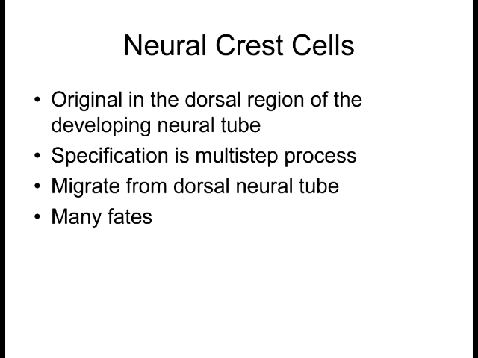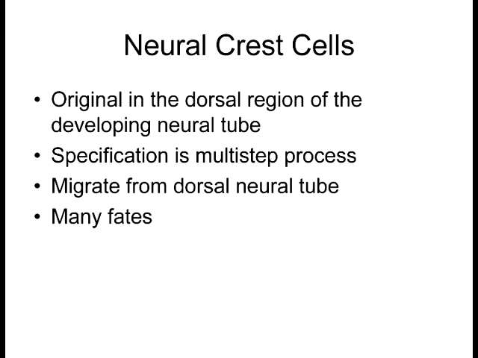Now, though they originate from the ectoderm, as I mentioned before, they have a multipotency, almost pluripotency, depending upon who you ask, to become cells that not only you would expect to come from the ectoderm, such as neural tissue, but also things that you see in other germ layers, such as bone and cartilage and renal cells that are part of the kidneys and things of that sort.